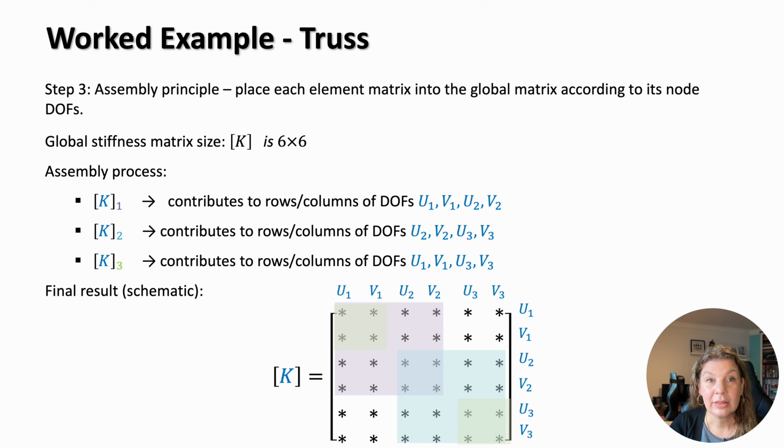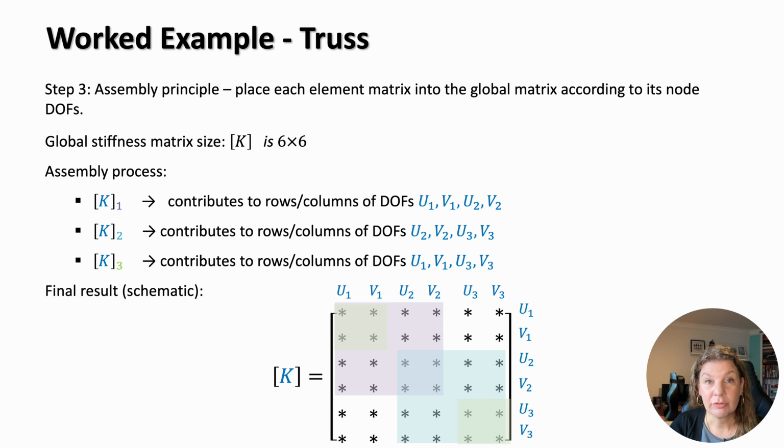So we place it in the rows and columns corresponding to degrees of freedom U1, V1, U2, V2. For member 2 to 3, we place its 4x4 contribution into the positions for degrees of freedom U2, V2, U3 and V3. For member 1 to 3, we place its matrix into the rows and columns for degrees of freedom U1, V1 and U3, V3.